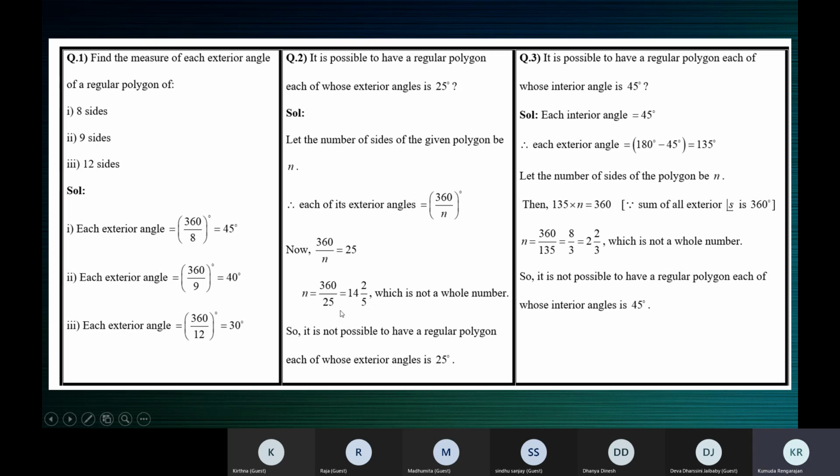You can also say it's not a natural number. n should be a value equal to 3 or more than 3. So you cannot say that a polygon has 14 2 by 5 sides. Since the value of n is not a whole number, it is not possible to have a regular polygon whose each exterior angle is 25 degrees.